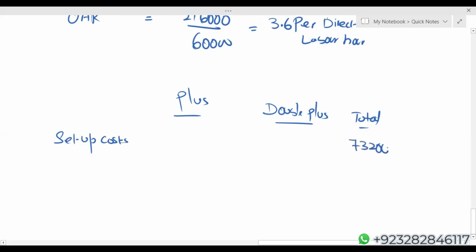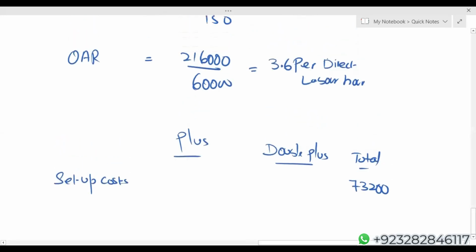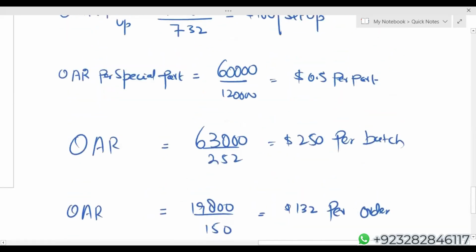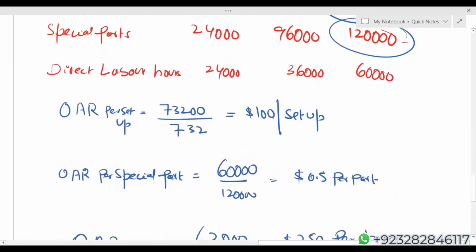Now let's see how much out of 73,200 actually relates to plus and how much relates to double plus. It's very simple. We have already calculated the cost per setup. Cost per setup is 100.